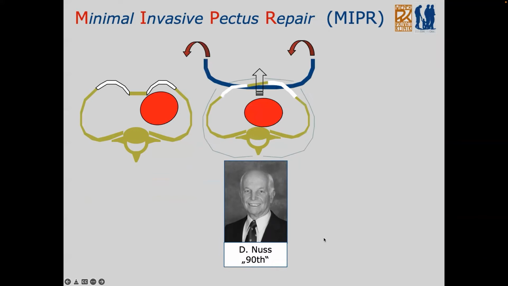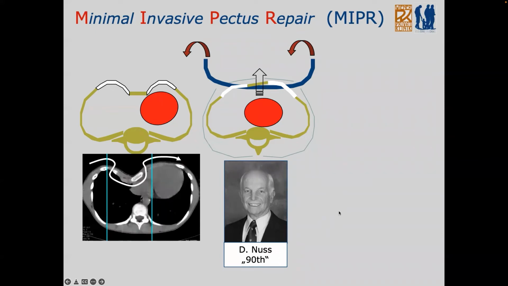In blue, you see the individually shaped implant that is brought via the precisely prepared implant path into its final position by a 180-degree rotation. In the preparation way, the intercostal spaces have to be passed inside the funnel ring.